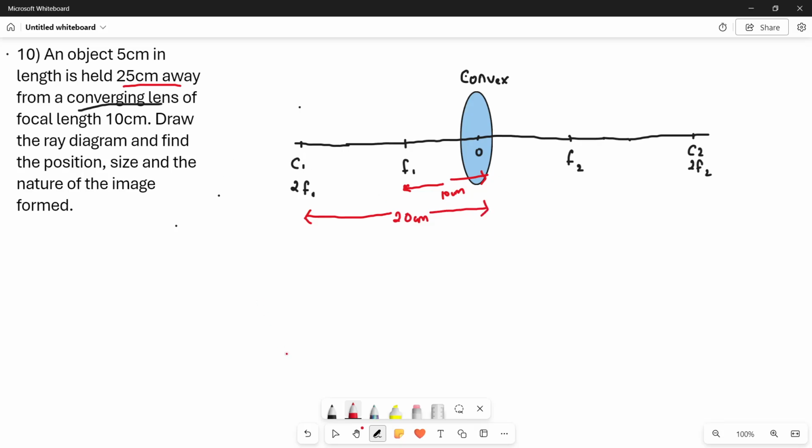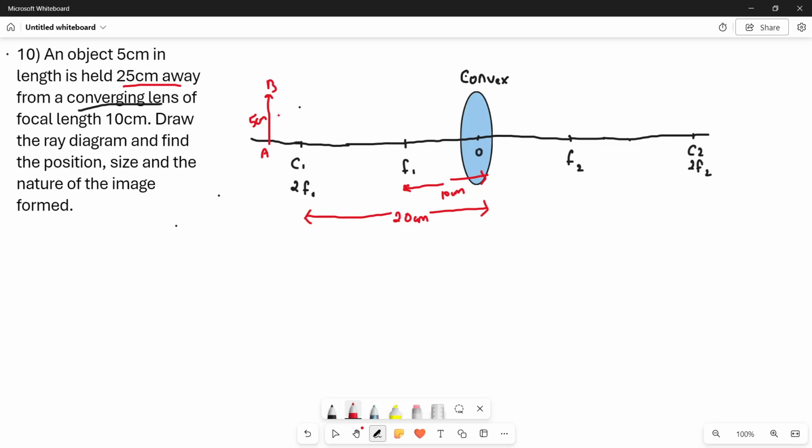And where my object is getting placed, it is going to be placed beyond C1. This is where my object is placed. Let us name it to be AB, and it is 5 centimeter in length or in height.